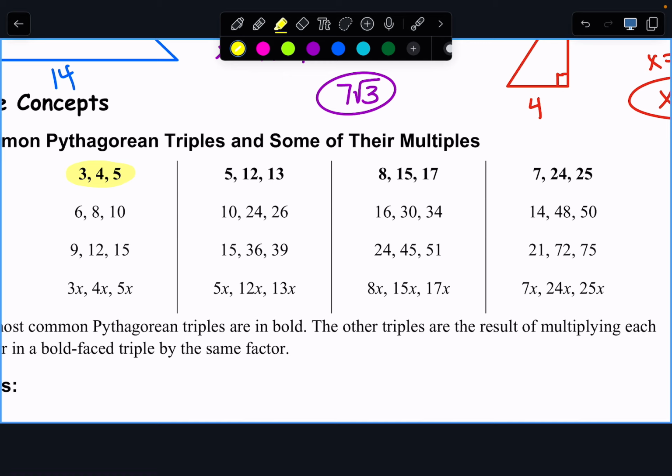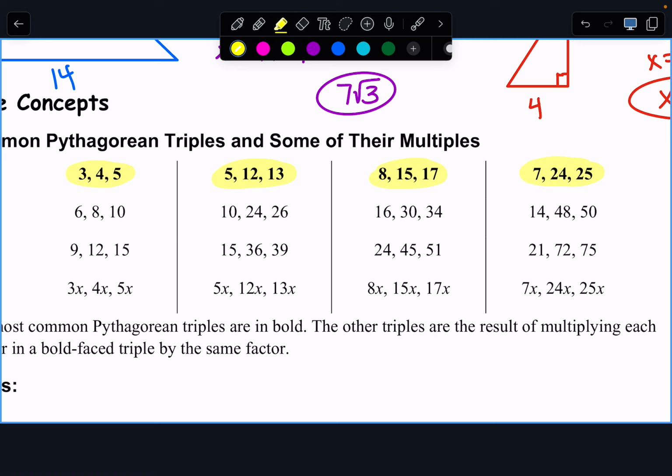So like 6, 8, 10, 9, 12, 15. See how those are just times 2, times 3 of those. 5, 12, 13, 8, 15, 17, 7, 24, 25. The more you get into your math career, the more familiar you're going to be with these triples.